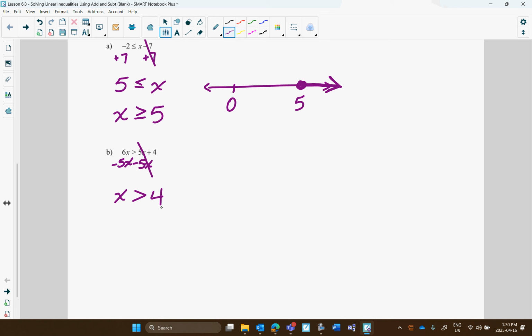What's the answer? All numbers that are bigger than 4. And then the graph. Again, we've got 0 on the left, 4 on the right. What kind of circle at 4? Open or hollow. And I go off to the right. And that's my answer.